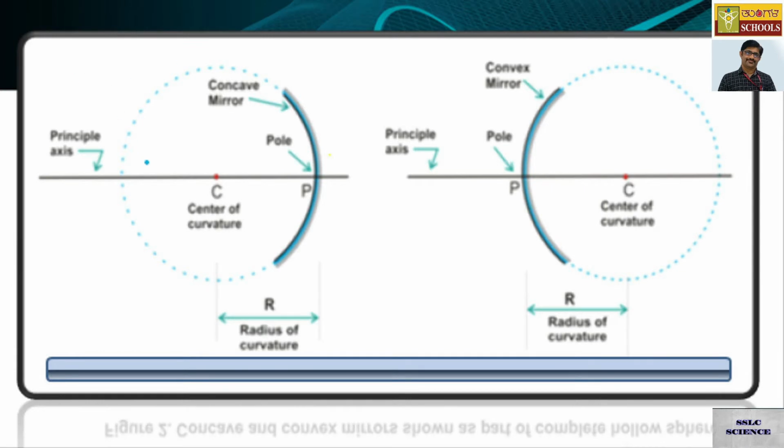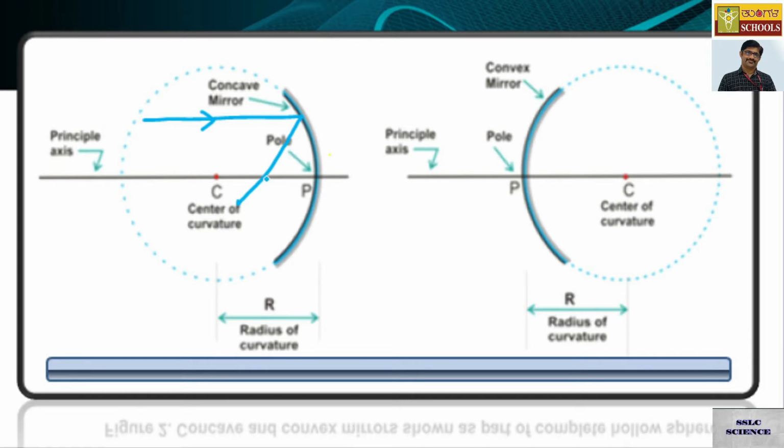Next one will be the principal focus. Principal focus is nothing but this: a line parallel to the principal axis, after reflection, either converges or crosses a point on the principal axis.